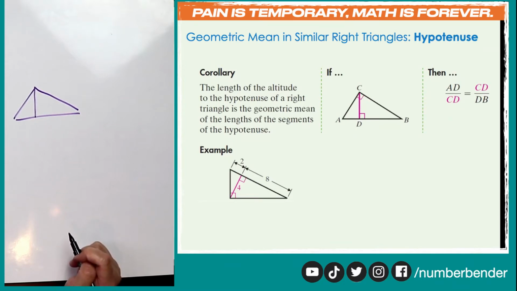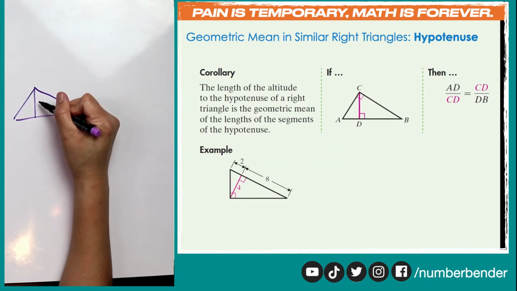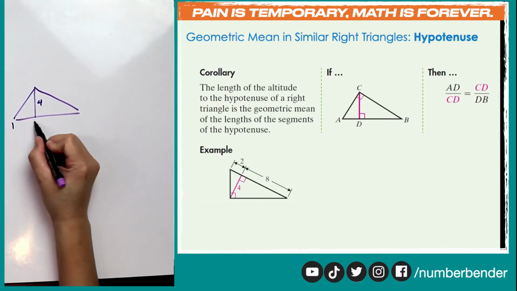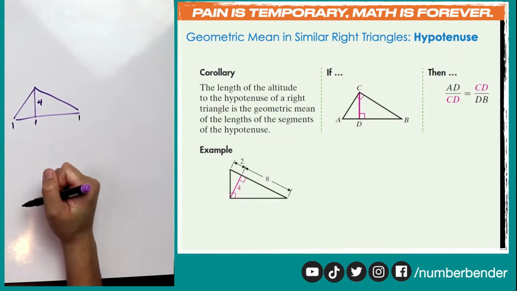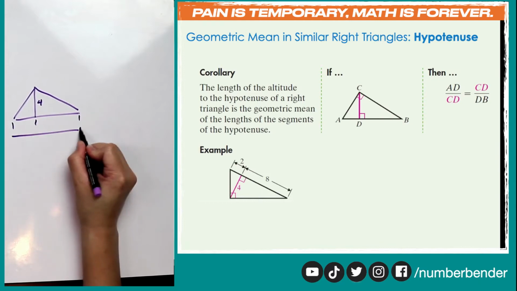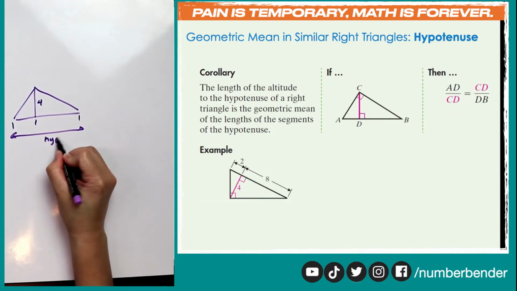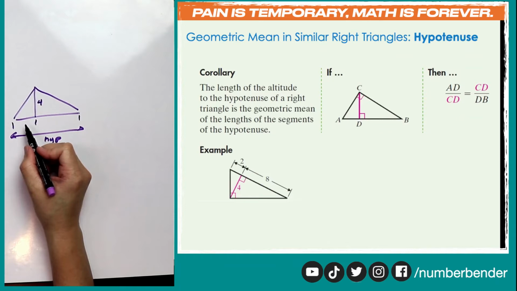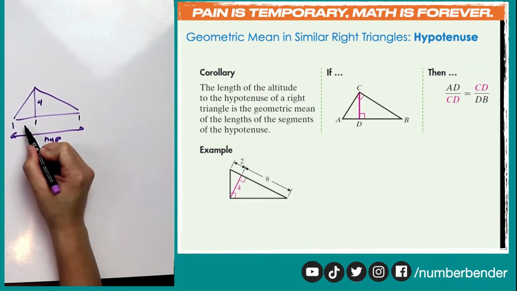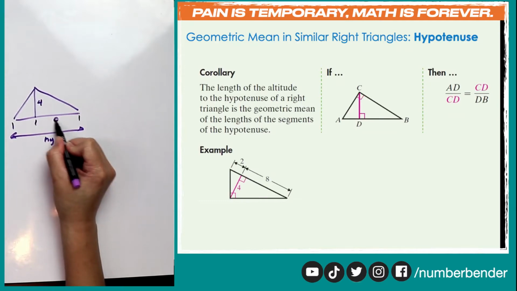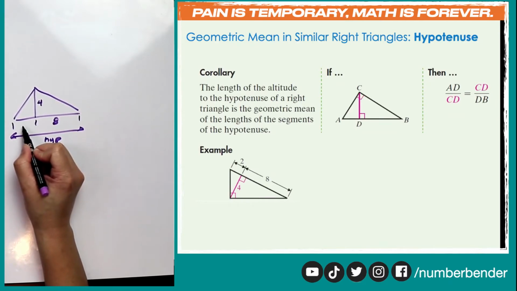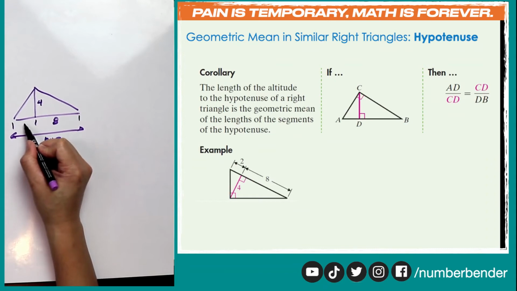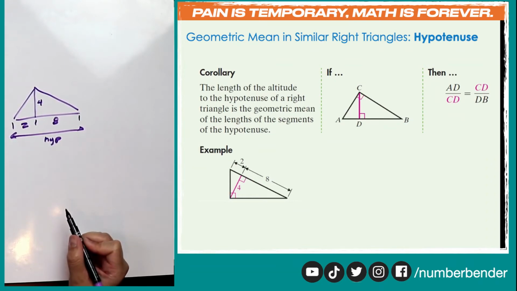So in corollary 1, we are given the height of our right triangle, which is 4 units, and we have two values for the subsegments of the hypotenuse, which are 2 and 8. 8 is the longer measurement, and 2 is the shorter measurement of our hypotenuse.